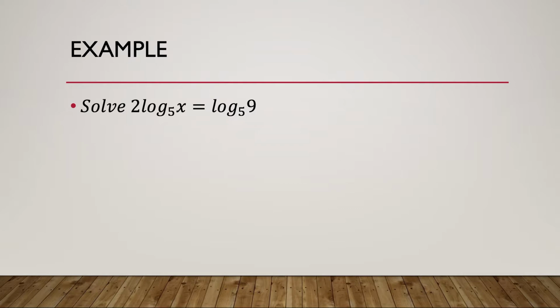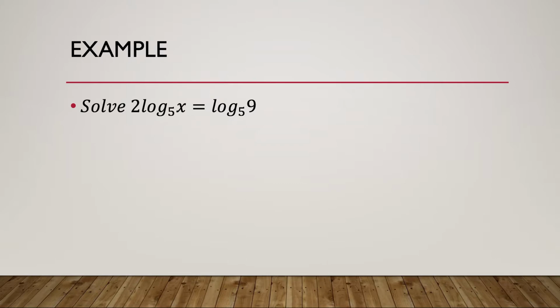All right, let's look at this one. 2 times log base 5 of x is equal to log base 5 of 9. So this problem seems to me like it would be a good fit for a property. It's not a good fit for changing the form because I have 2 logs, and so I really have too many pieces to try to change it to exponential form.